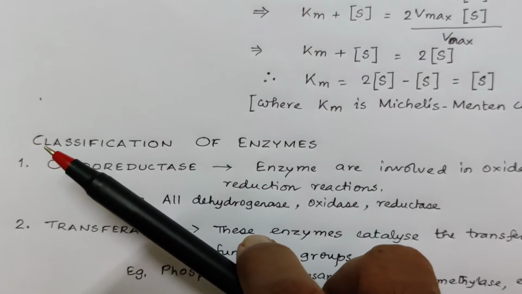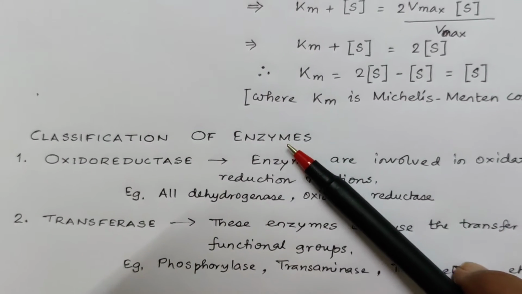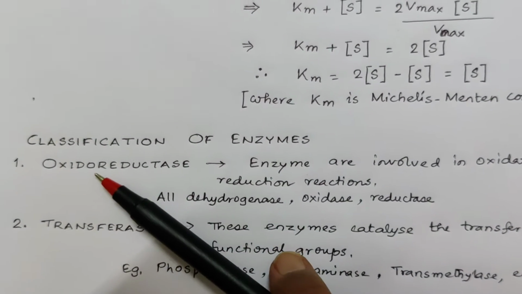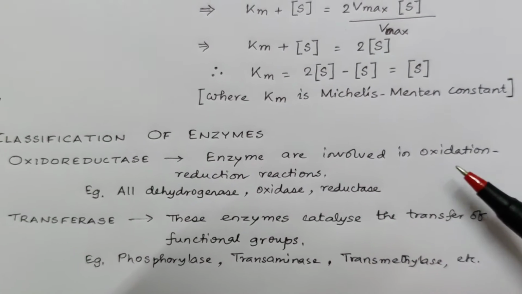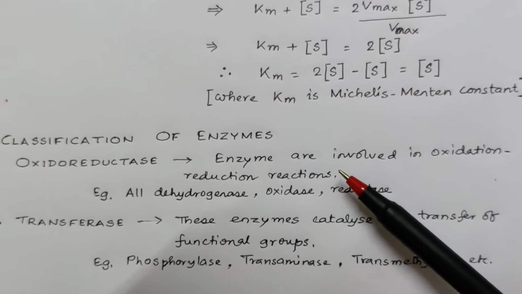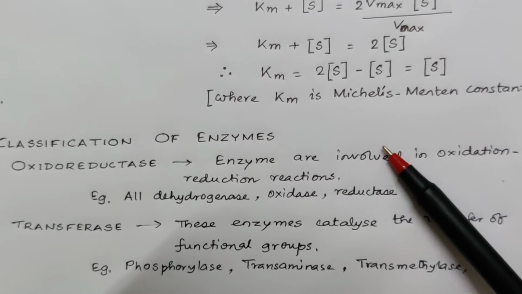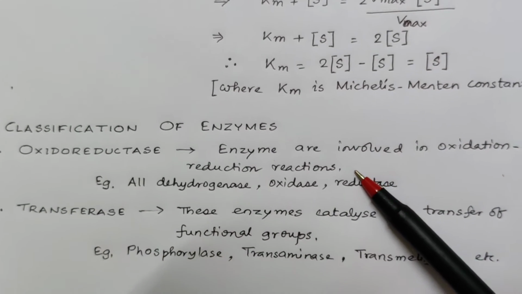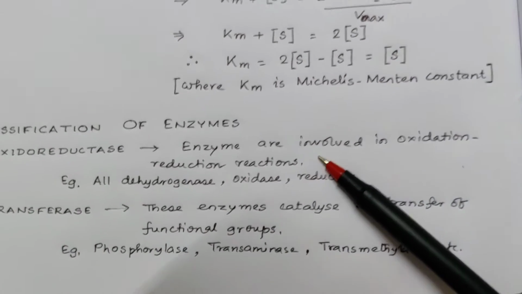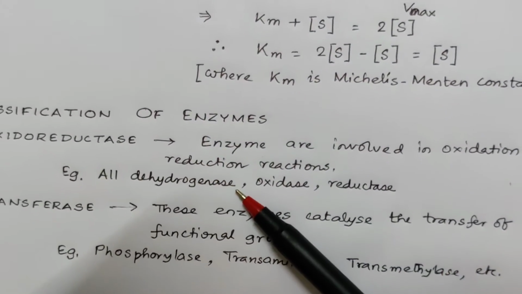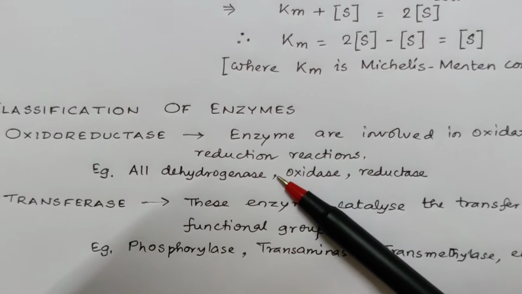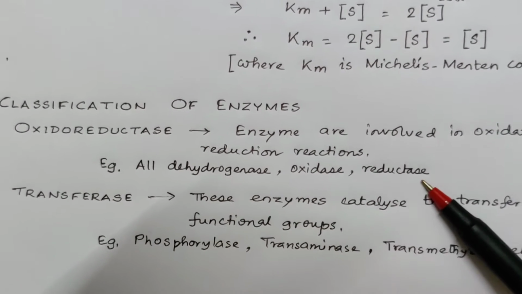Now we are learning the classification of enzymes. The first one is oxidoreductase. The enzymes which are involved in oxidation and reduction reactions, meaning redox reactions, are all known as oxidoreductase enzymes. Examples are all the dehydrogenase enzymes, all the oxidase enzymes and all the reductase enzymes.